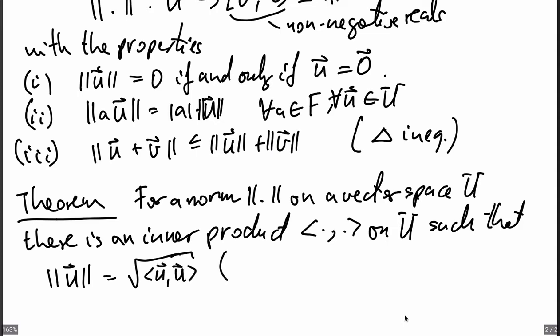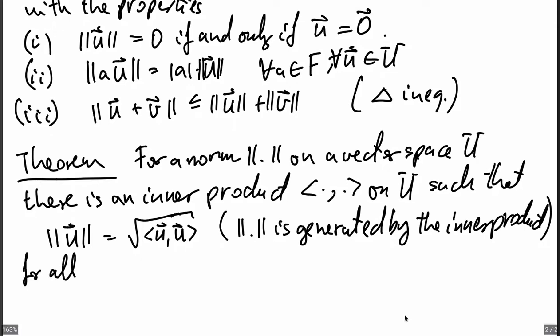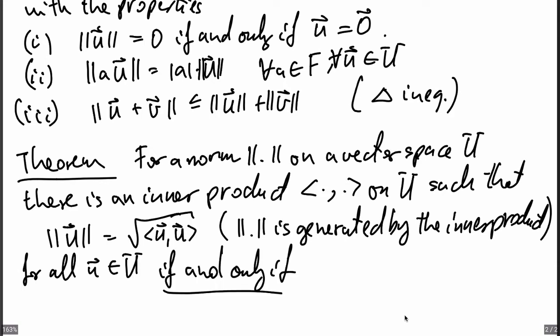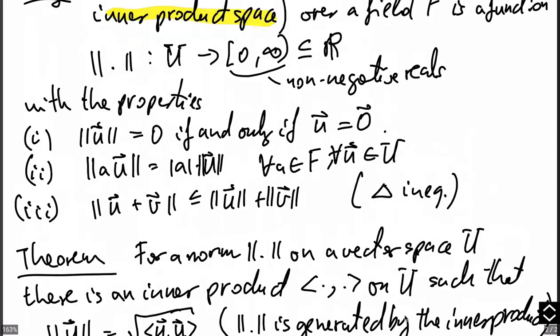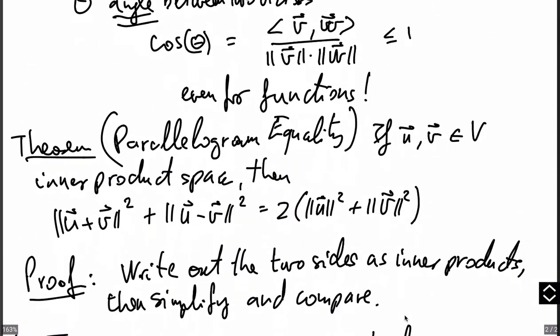That means the norm is generated by the inner product. This holds for all vectors u if and only if the norm satisfies the parallelogram equality. Let me remind you what the parallelogram equality was.